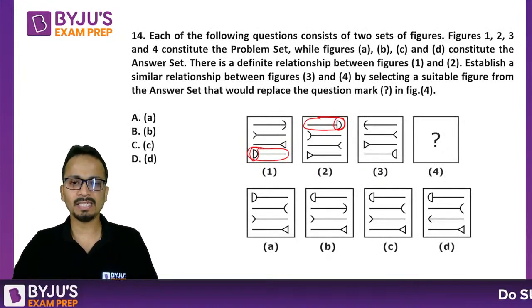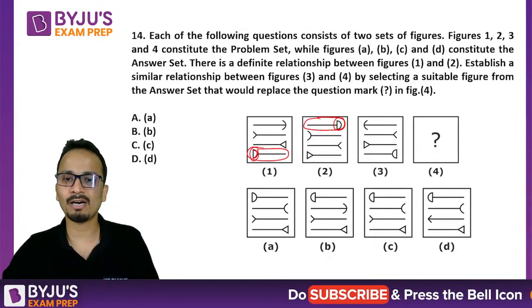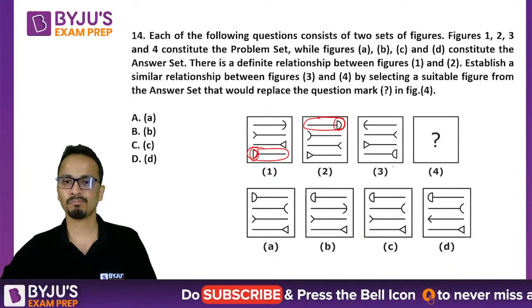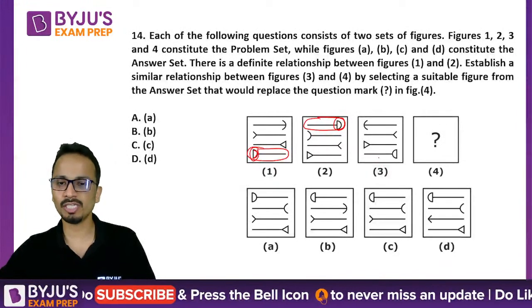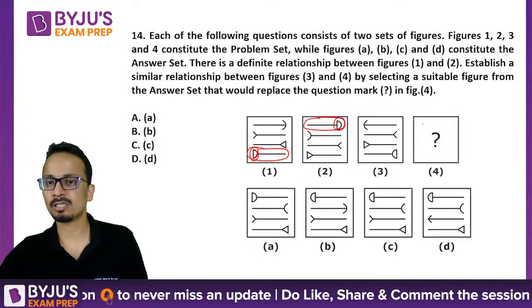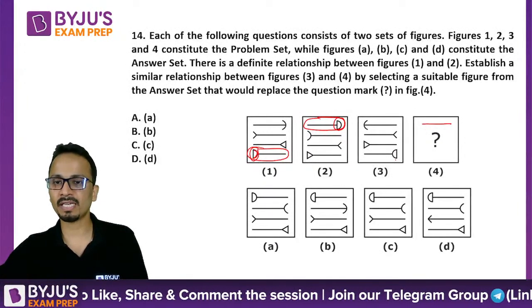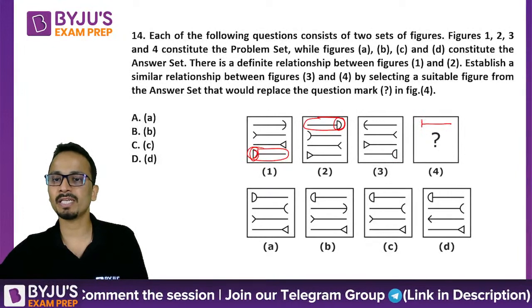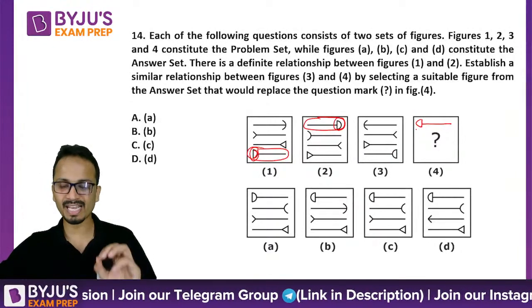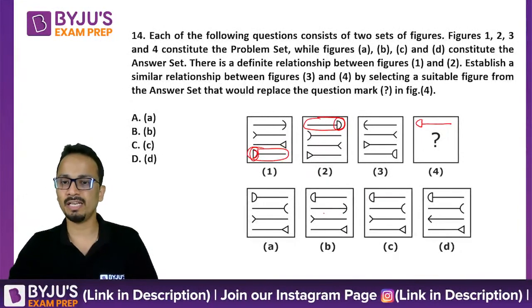Okay, and earlier the curve part of D was connected, now the straight line of D is connected. So from figure number 3 to figure number 4, I can say that the topmost portion will be like this. So curve part is connected, now the line will be connected. So this is the first element that I have drawn for the answer figure.